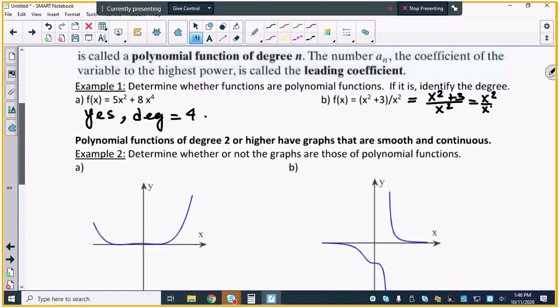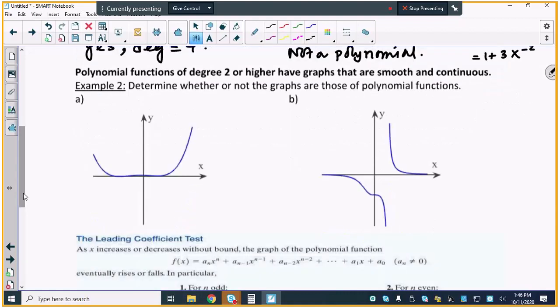So you get x squared over x squared plus 3 over x squared, which is 1 plus 3 times x to the power negative 2. Now see, this one looks pretty close to a polynomial function, except the power is a negative number, which we cannot have. So that is not a polynomial function, and because it is not a polynomial, we are not going to try to find the degree.